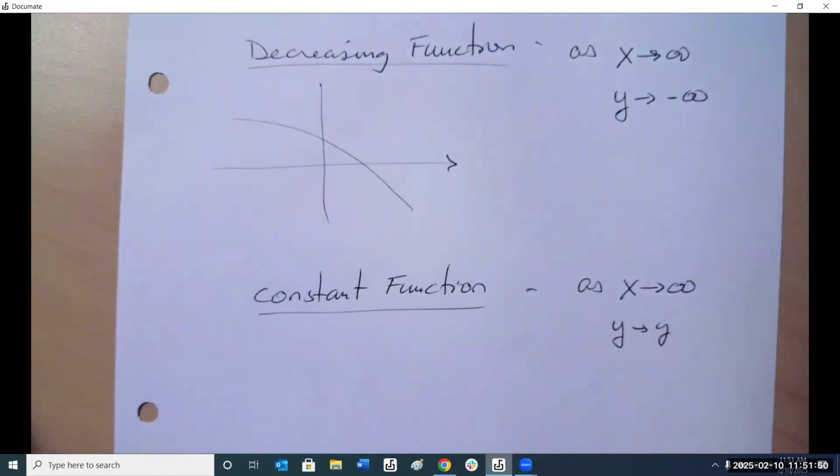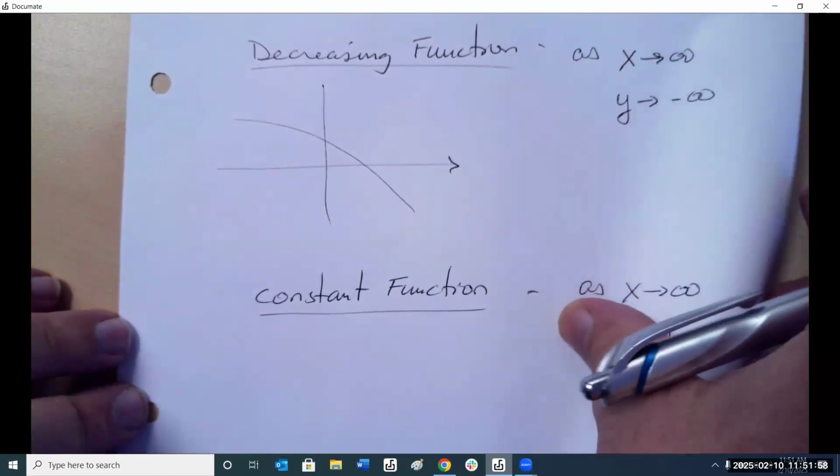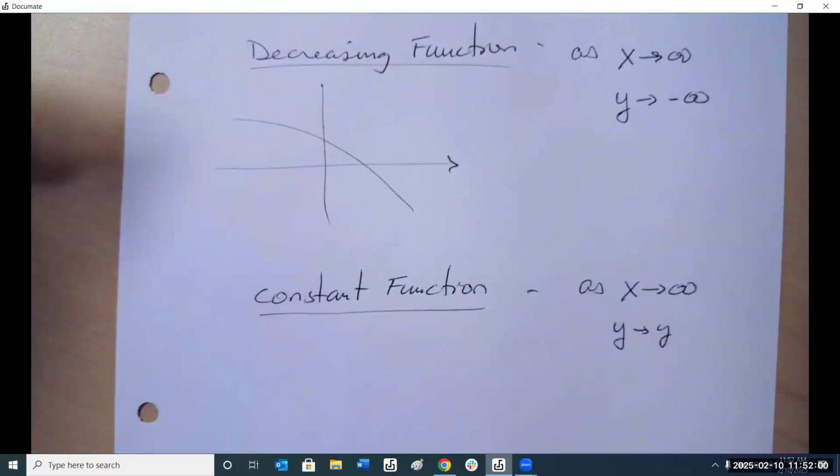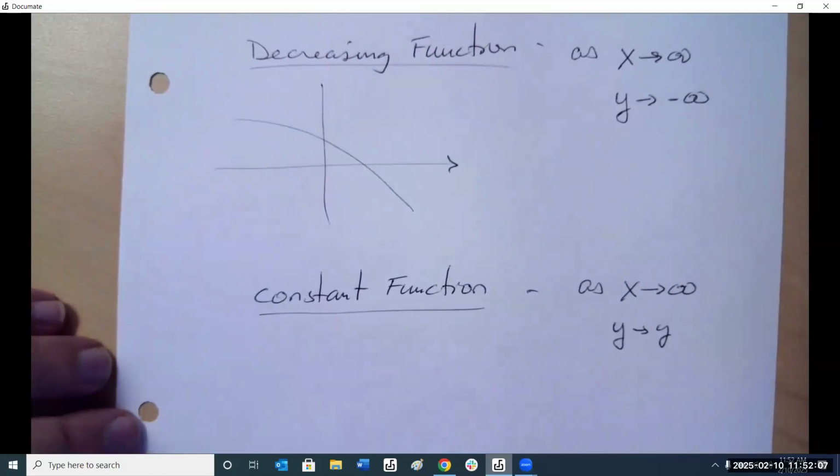Y stays the same. Remember, a constant function looks like what? So a straight line. A horizontal, well, all lines. Oh, it's a horizontal line.